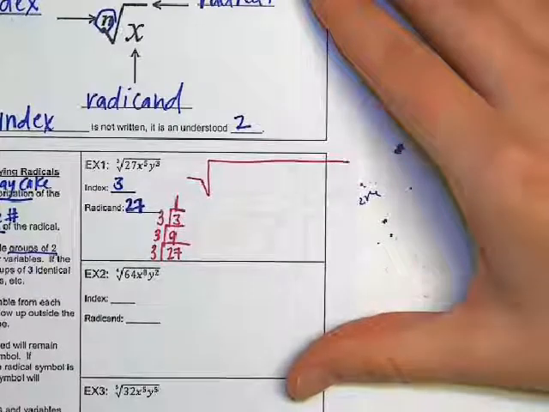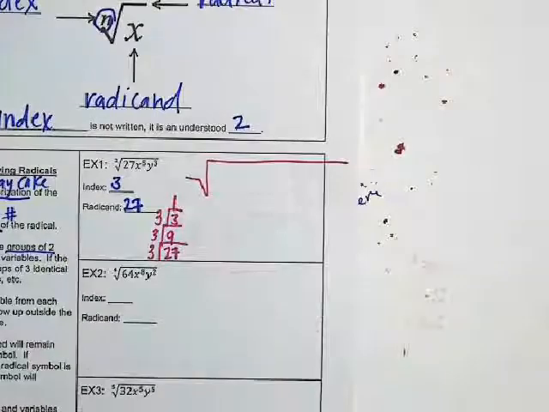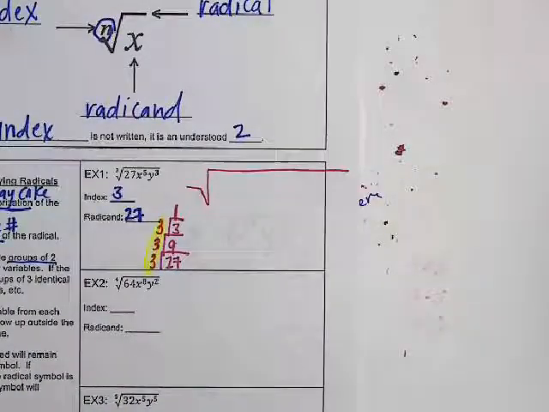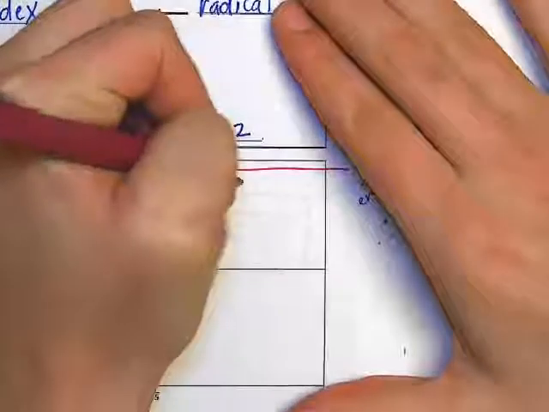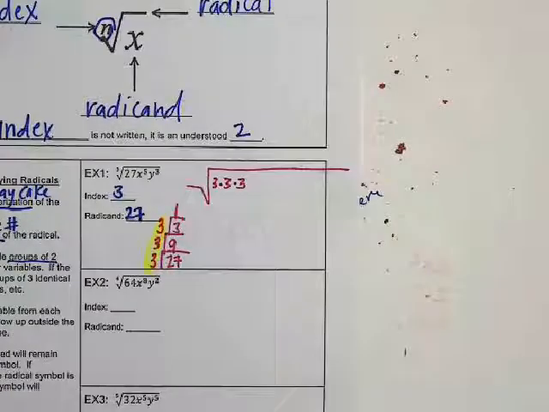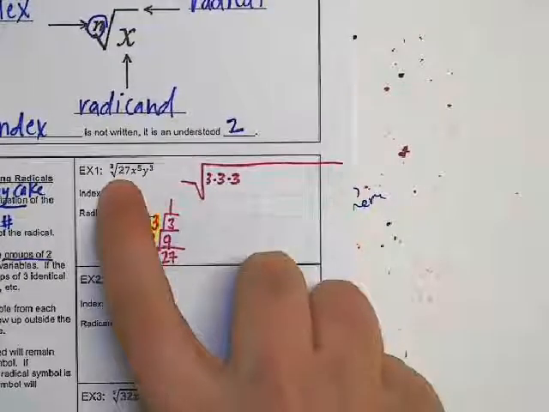And we're going to put all of those numbers that we just got under the house. So 3 times 3 times 3 under the house. That 3 times 3 times 3 is 27 broken down. So the 3's represent the 27 broken down.